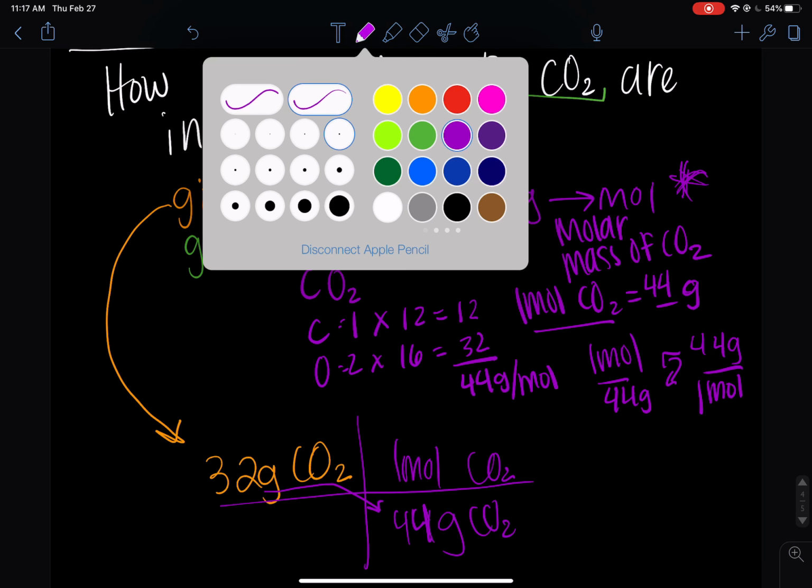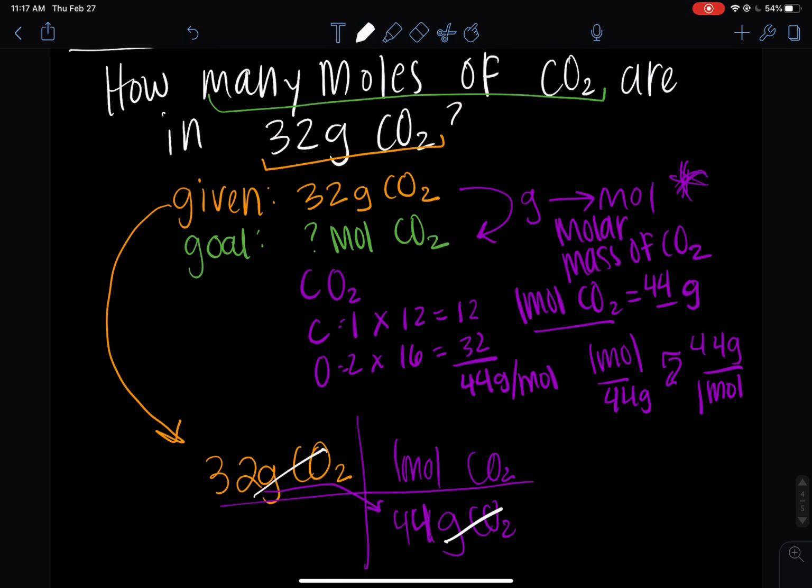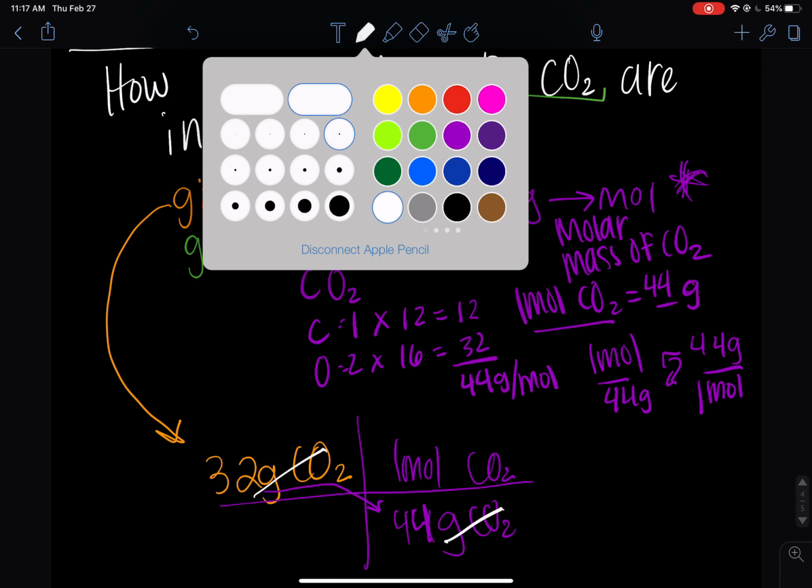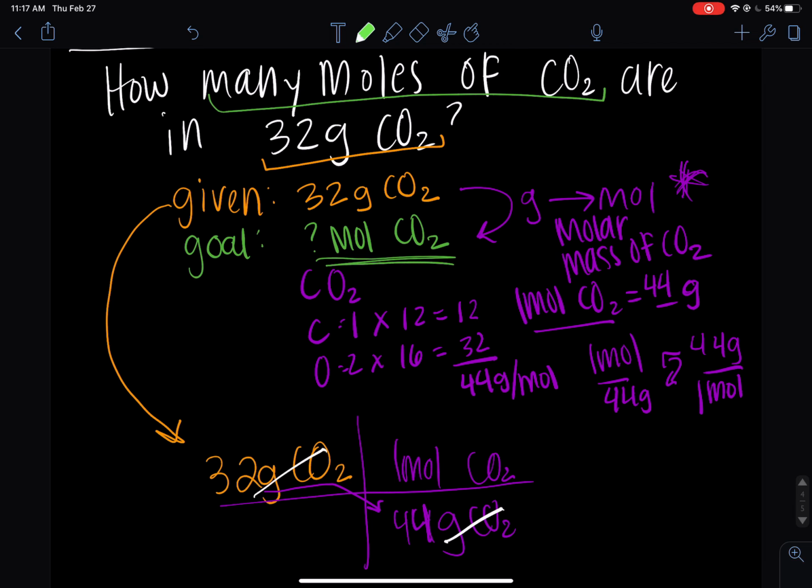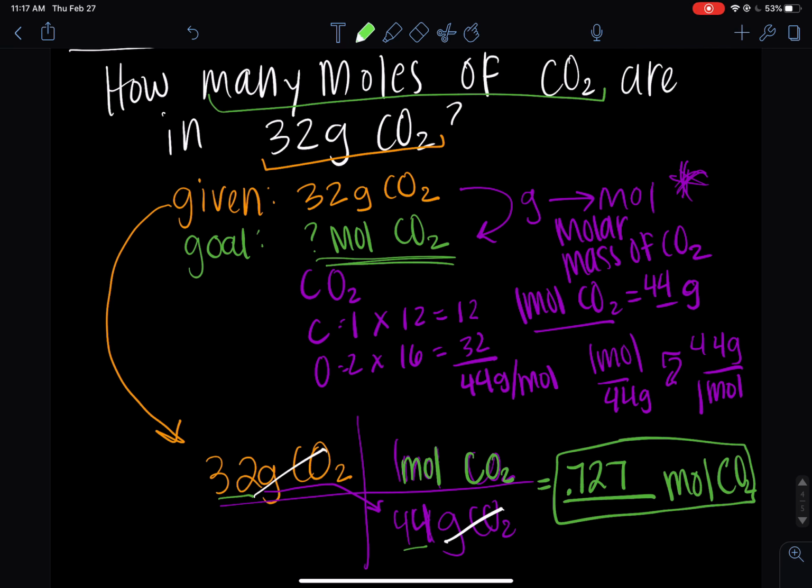Okay, so that cancels out grams of CO2 with grams of CO2, and that leaves me with mole, and mole was my goal. Okay, so then I just solve. So in my calculator, I would say 32 divided by 44. And I get 0.727. So this is my answer.